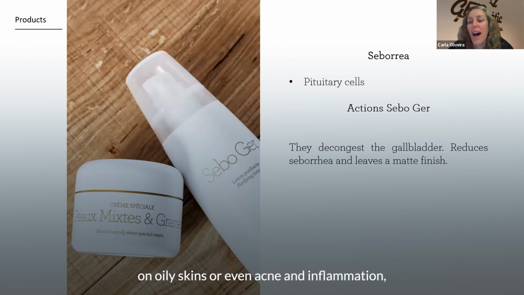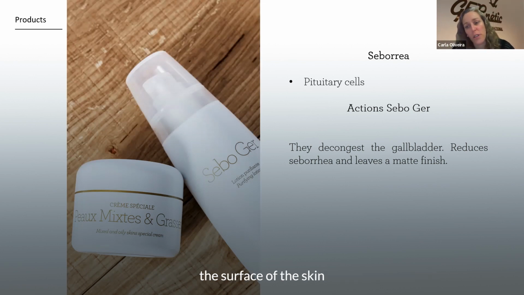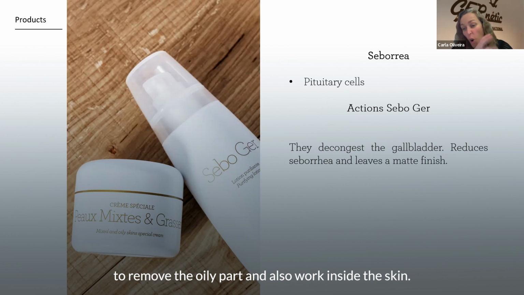When we work on oily skins or even acne and inflammation, we always need to put together a group of products that work the surface of the skin to remove the oily part, and also work inside the skin.